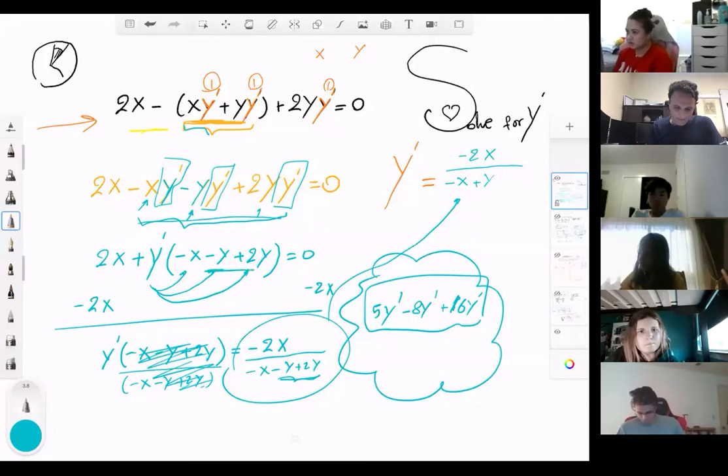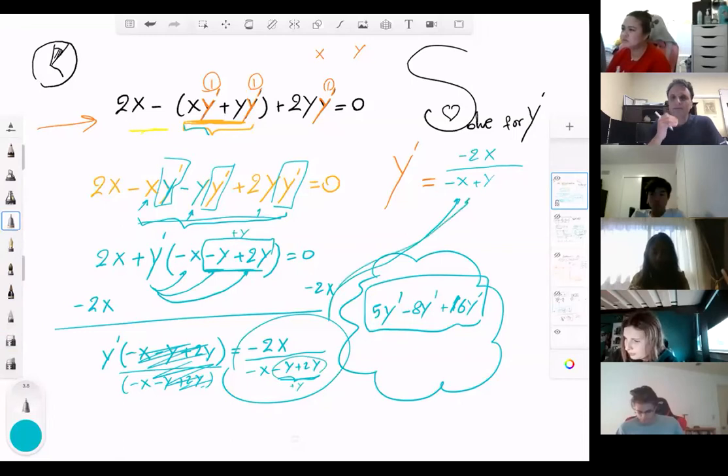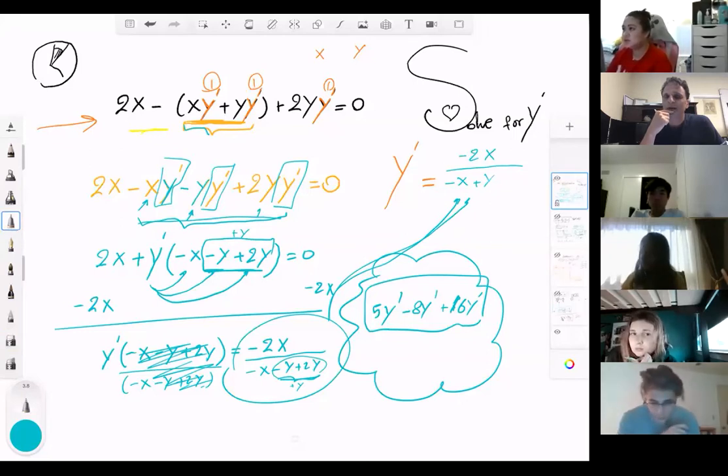Negative y plus 2y, I can combine them to get positive y, which I left there. Does that make sense? Yep. So don't freak out about y prime or y double prime.